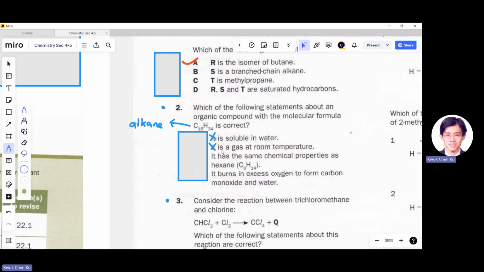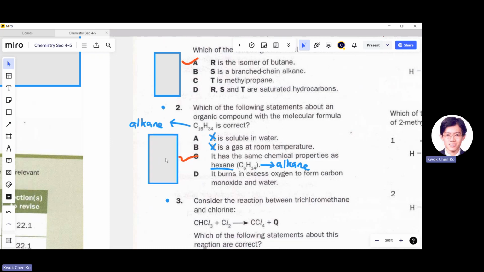No. Only the first 4 are gases. But how about hexane, is it an alkane? Yeah, it is. So remember, they are in the same homologous series, so they have the same chemical properties. Yes, it's C.